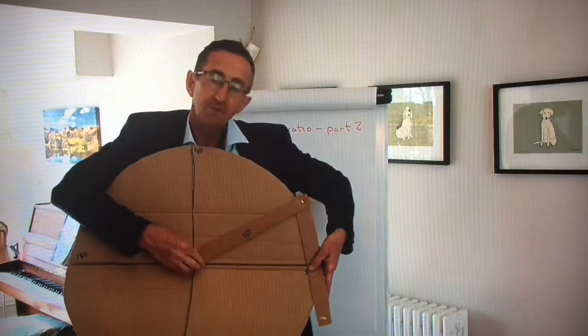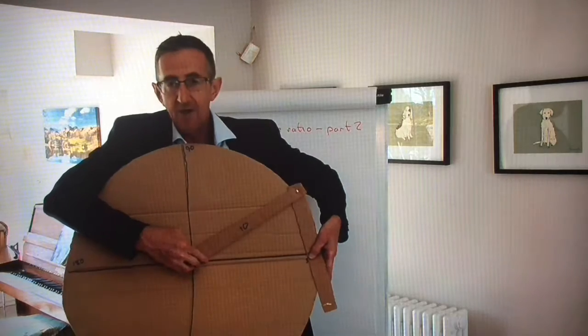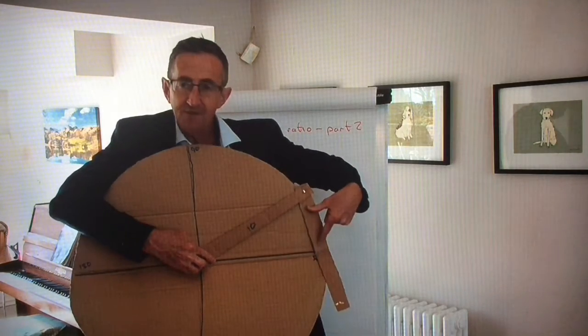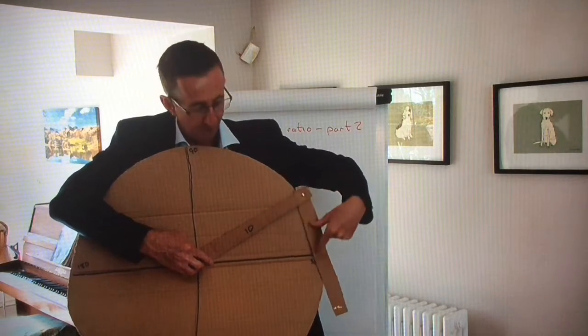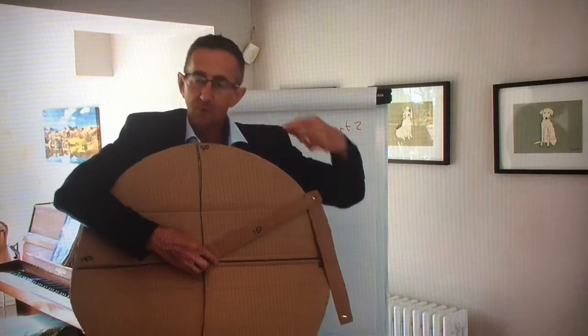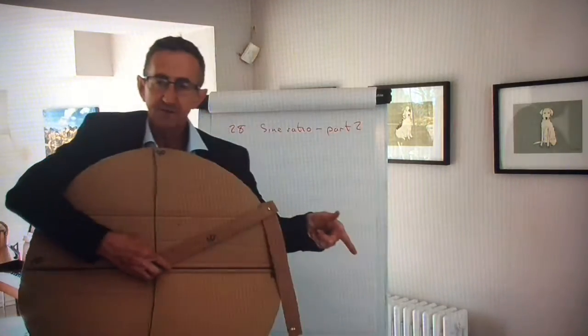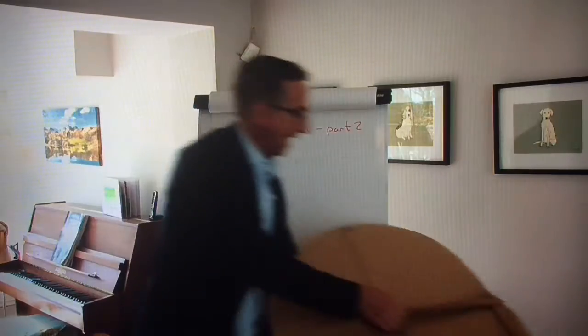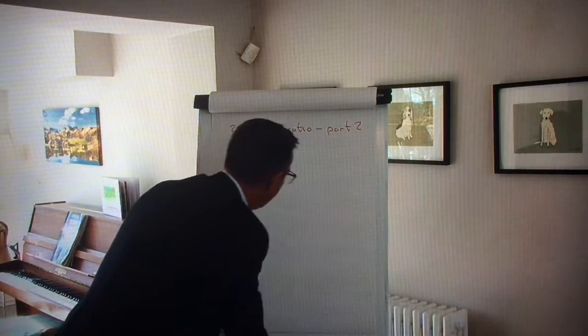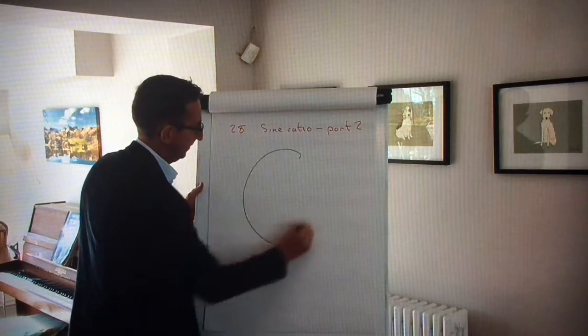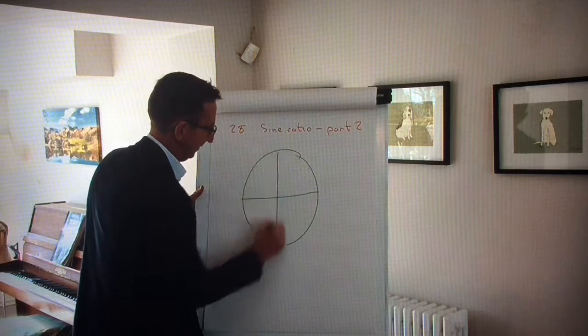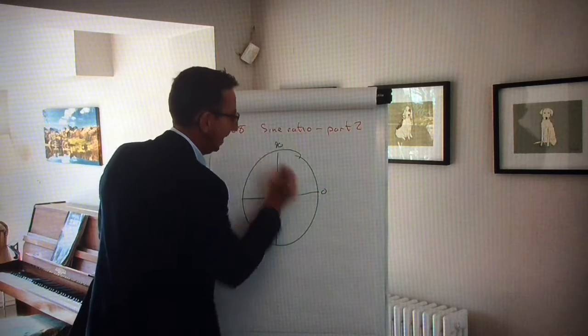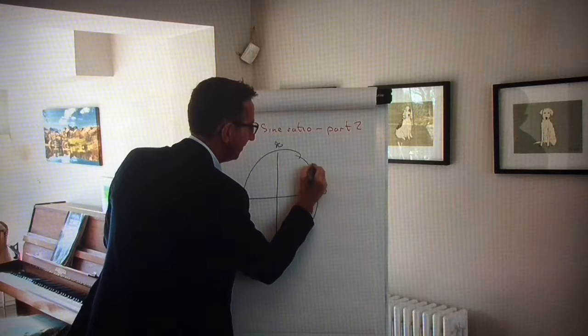So we know from the previous lesson that the sine of 30 is a half, because it's 5 divided by 10 is a half, the opposite over the adjacent. So what the pupils do, there is a worksheet, what the pupils do is they get a circle, 0, 90, and the angles are marked down.